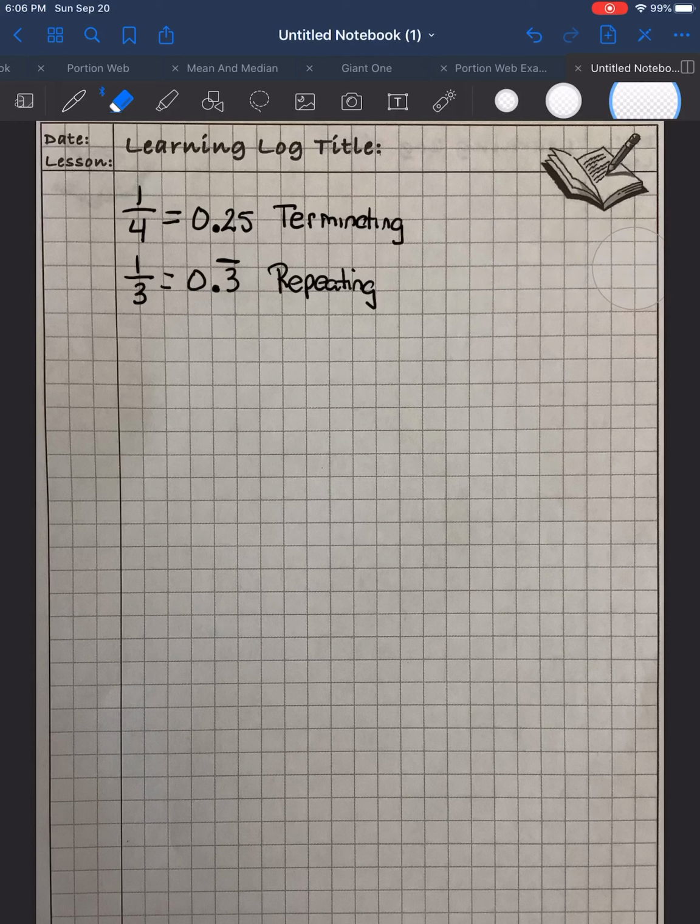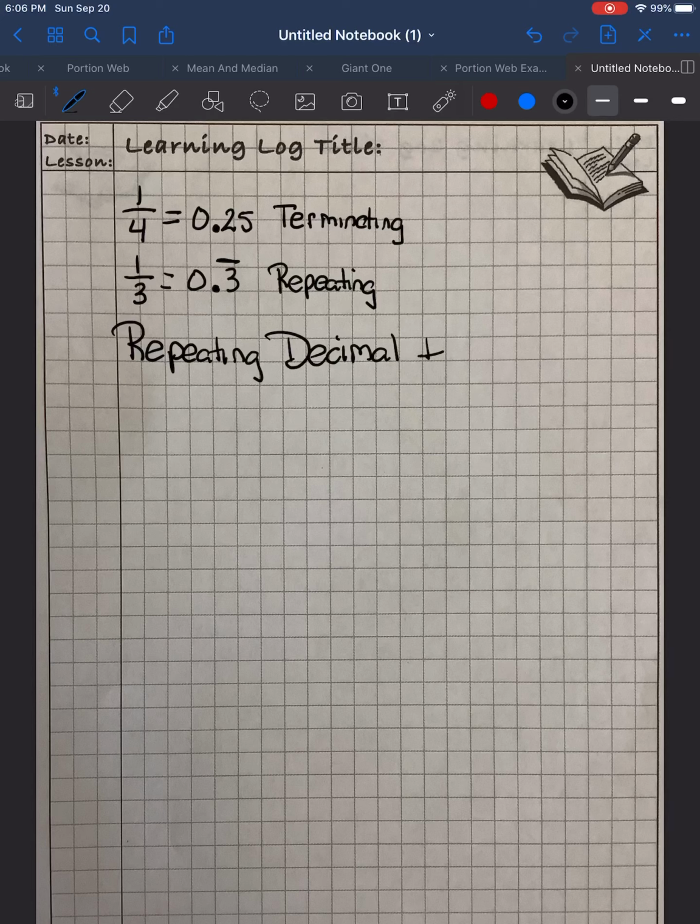That's how I change a terminating decimal into a fraction. But what if I have a repeating decimal that I need to change back to a fraction? That is different, and that's why we're talking about this today. Repeating decimal to fraction.